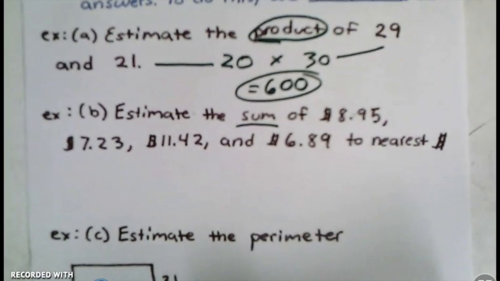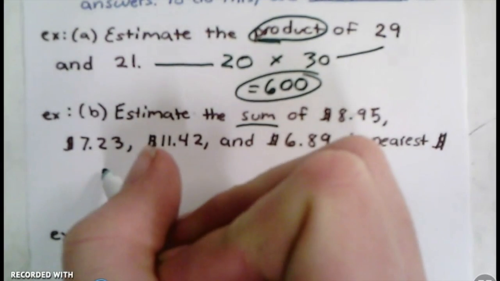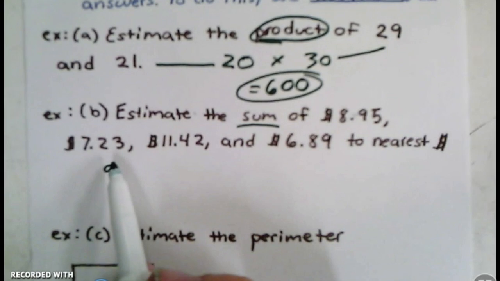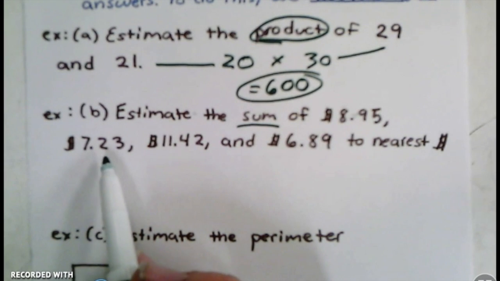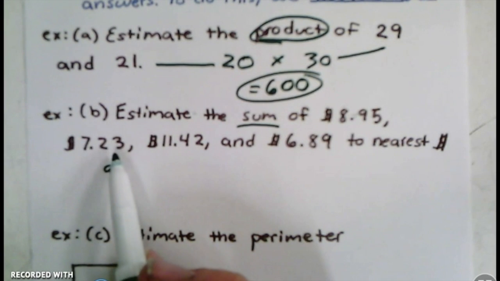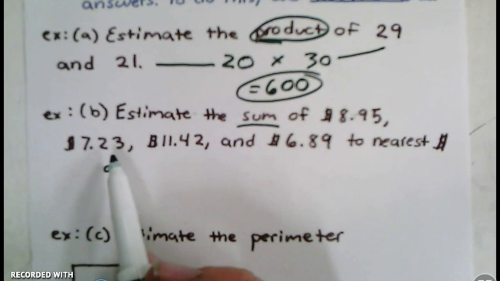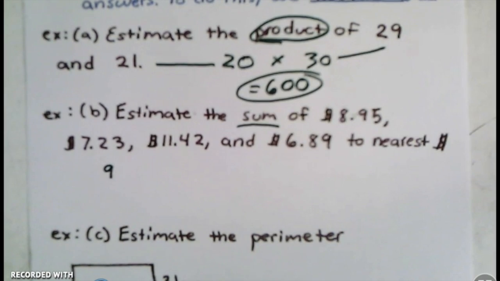So $8.95 to the nearest dollar is going to go up to $9. $7.23, I'm looking to see if the cents is more than 50 cents or equal to 50 cents, then it's going to go up to the next dollar. Or if it's less than 50 cents, then it's going to go down, not adding another dollar, so it'll be left at just 7.